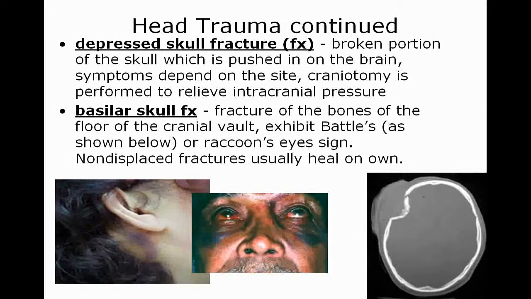They may have leakage of cerebrospinal fluid from the nose or from the ear. Treatment is the normal treatment for head injuries with observation and possible craniotomy again. Maybe having to do surgery on the brain to relieve pressure.